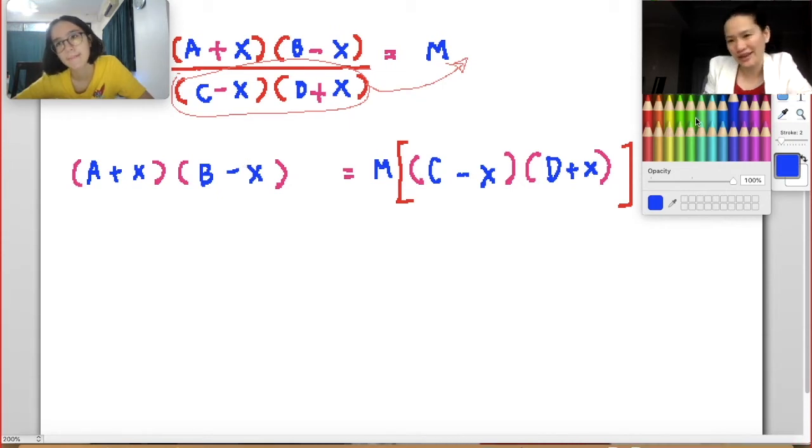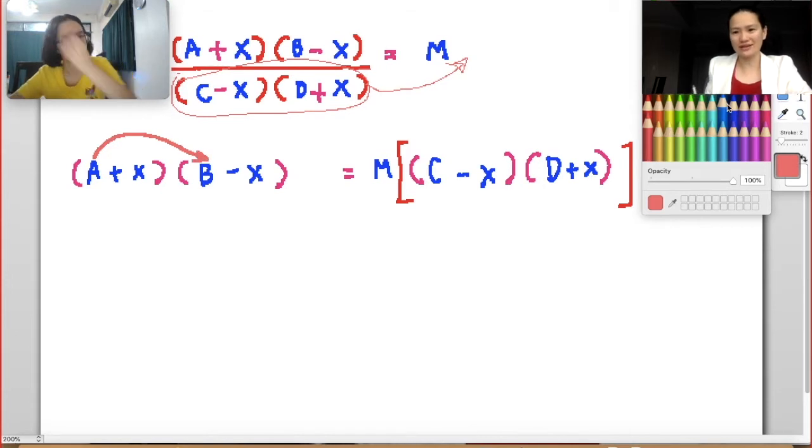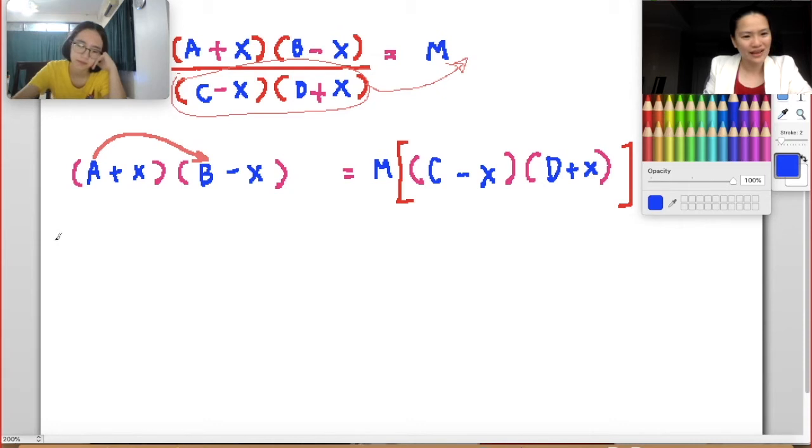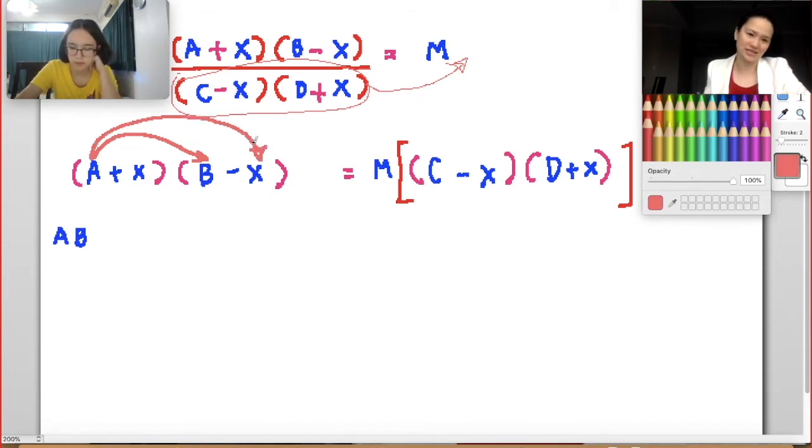Now we go to the next step. What I'm going to do, I'm going to multiply a and b. So a multiplied with b turns to ab. And the next one, I'm going to multiply a with negative x. So it turns to b minus ax.